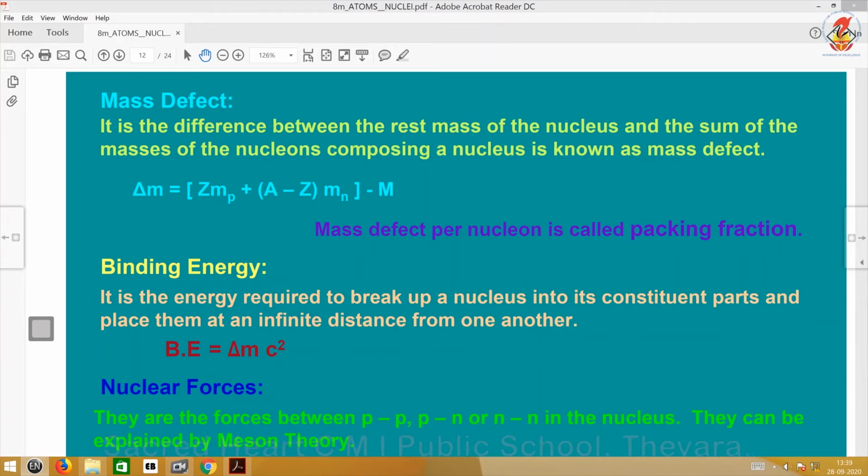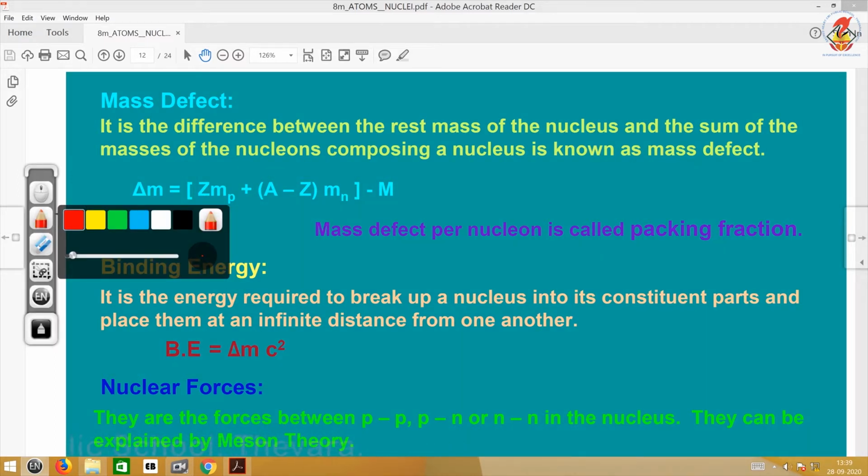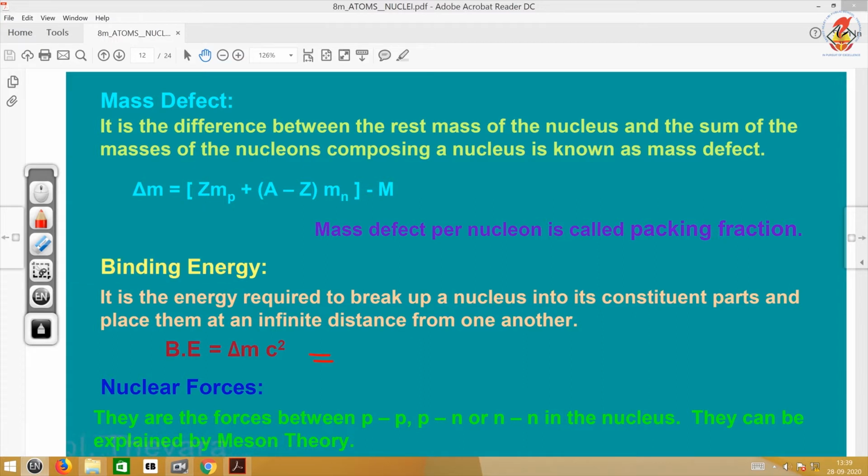So binding energy BE is equal to delta M into c square. We already know what delta M is. So instead of delta M, I will write Z into Mp plus (A minus Z) into Mn minus capital M, the mass of the nucleus, into c square.